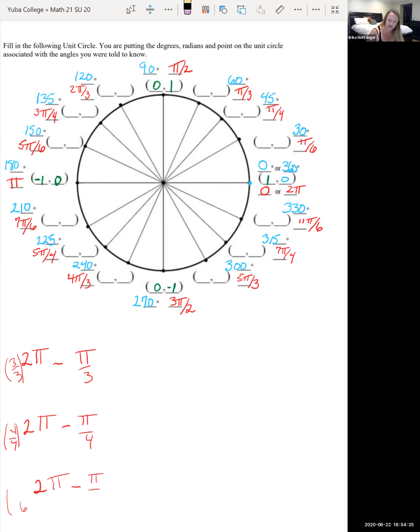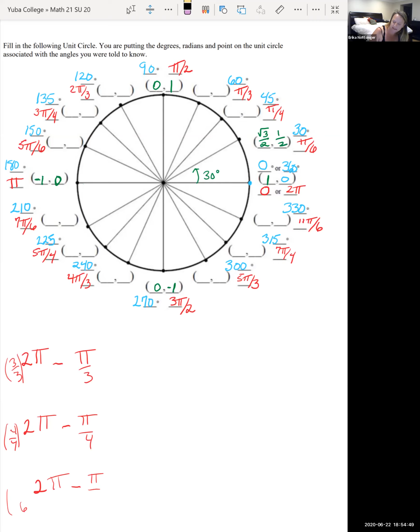I don't know if you guys remember, but at 30 degrees, the x value here is √3/2. We can think of this as cosine of 30 degrees is √3/2. Sine of 30 degrees is 1/2.